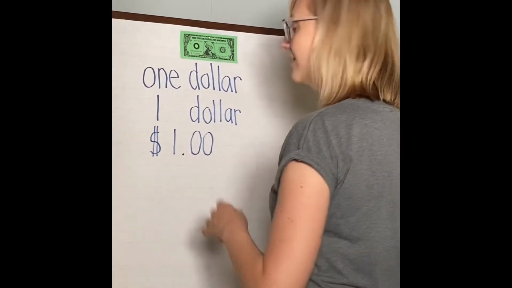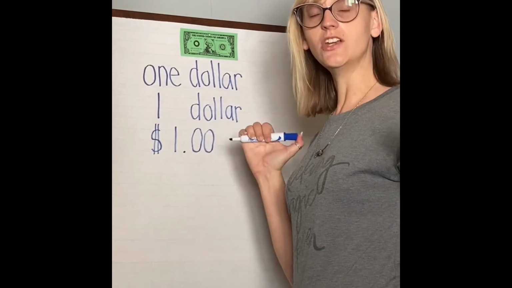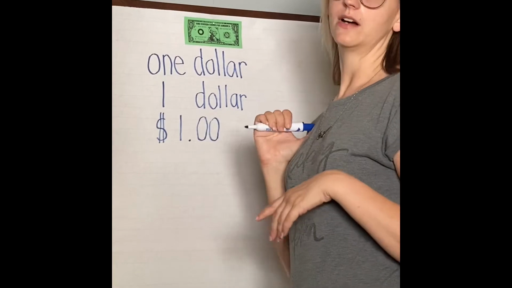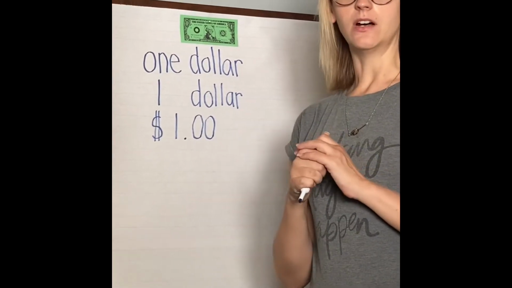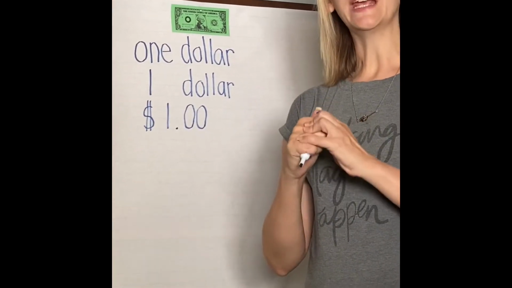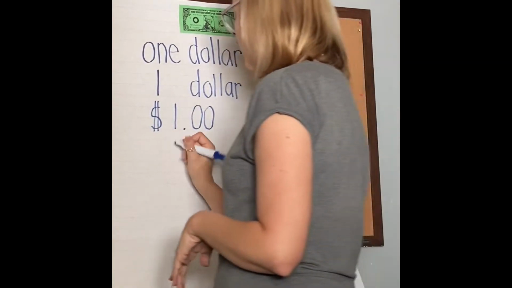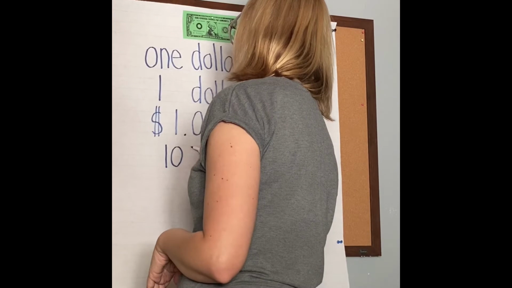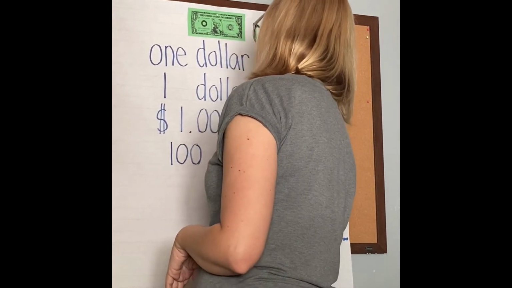Another way to write it, because of course we know 4 quarters make a dollar, 20 nickels make a dollar, 10 dimes make a dollar, and 100 pennies make a dollar, is you can write 100 cents.